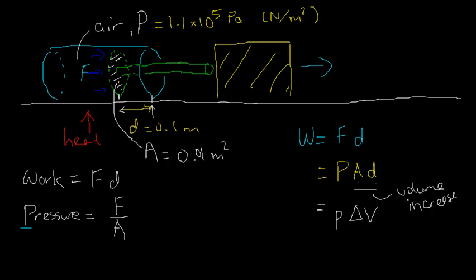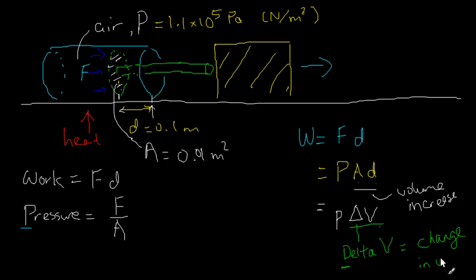This triangular thing, if you have not seen it before, is a Greek letter which is pronounced delta. It's like the Greek language version of the English letter D. We read this by saying delta V, and we think of delta V to mean a volume change.